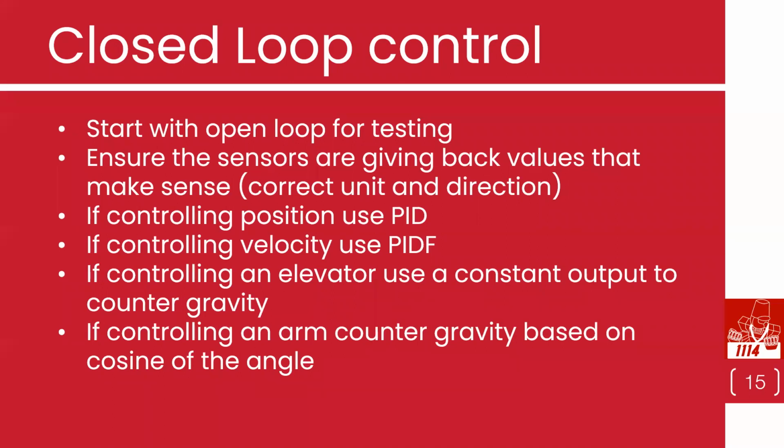Another general tip is if you're doing an elevator, which just goes straight up and down, instead of only tuning your PID, similar to the shooter, where as you lift up to the right position the motor is going to start slowing down, and if the motor stops when you're at the right position, the elevator is going to fall back down again. So what we do is calculate from testing what motor percentage holds it up in place.